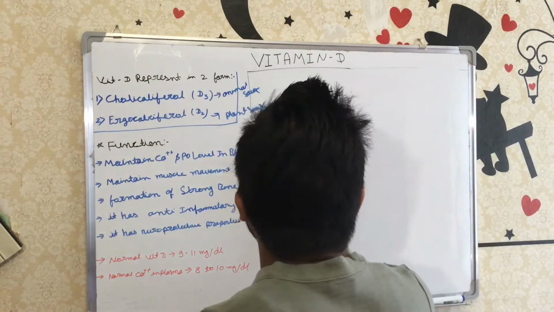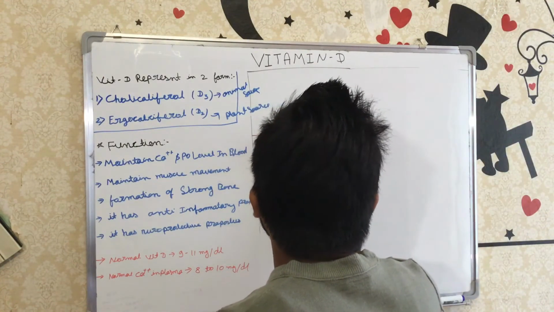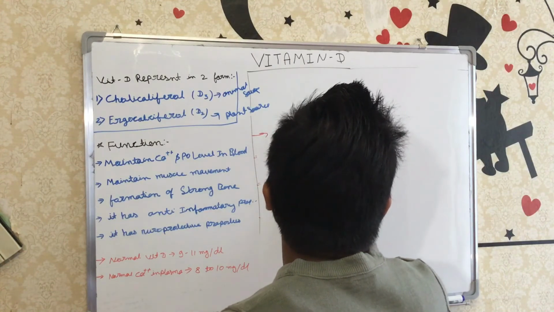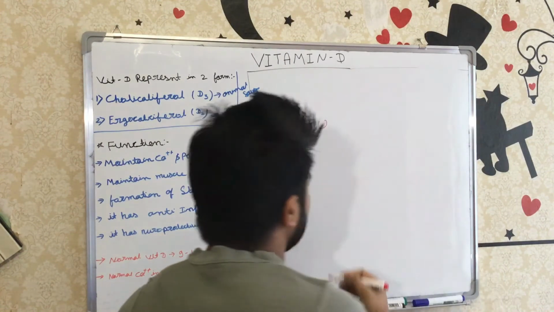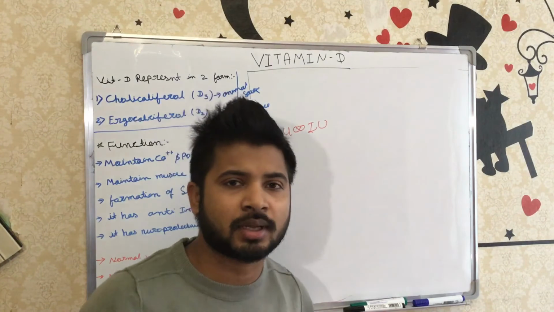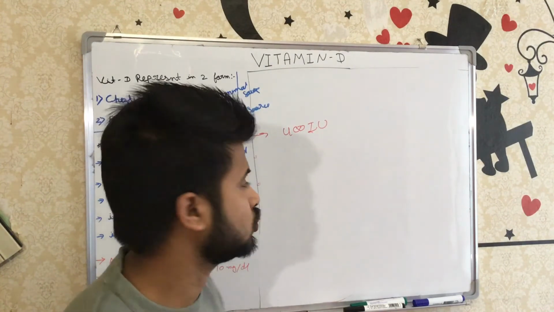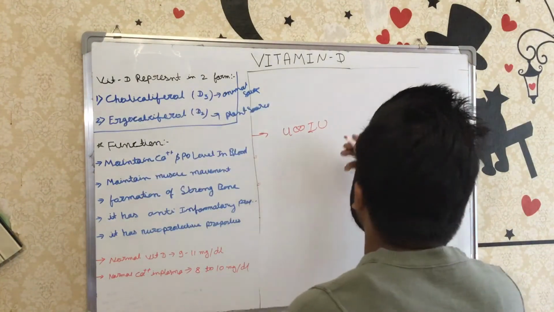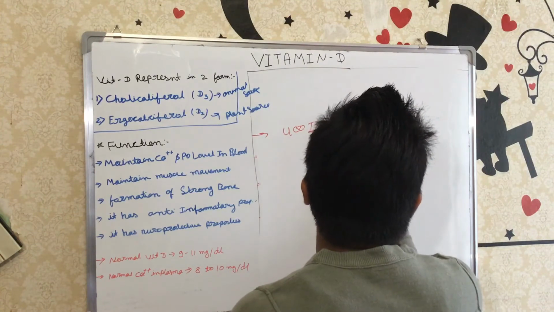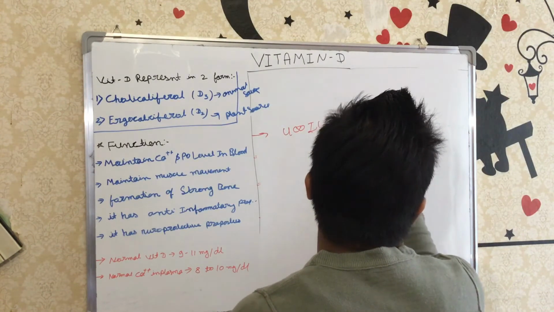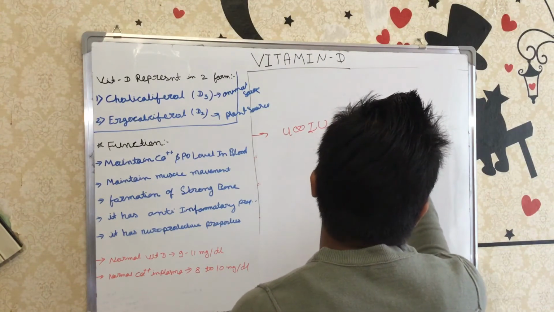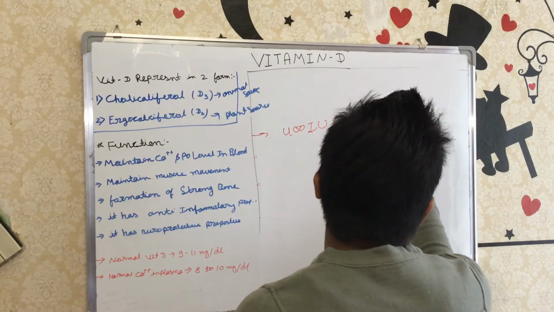400 international units. International unit represents the amount of vitamin D. So 400 international units is the normal dietary amount.